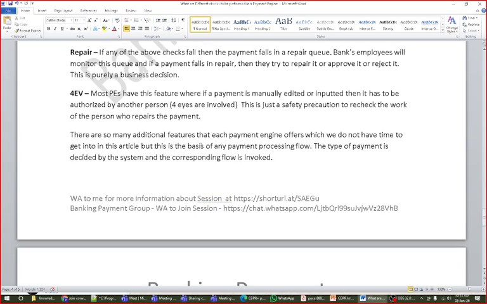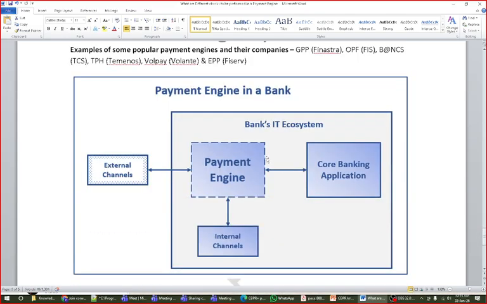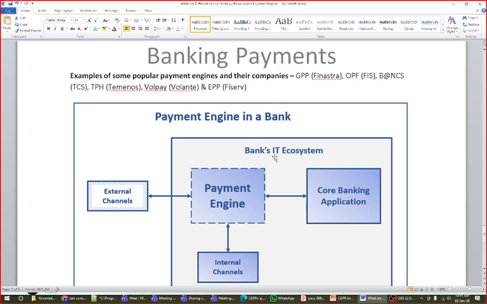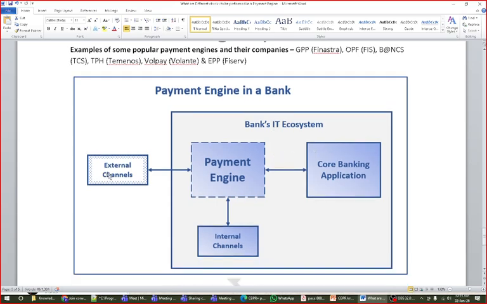Then there are many additional features each payment engine offers, which we do not have time for. I mean to say, you are going to see them when you are actually working on this. So this is how payment engines are popularly known. External front end channels are connected to the bank's IT ecosystem.